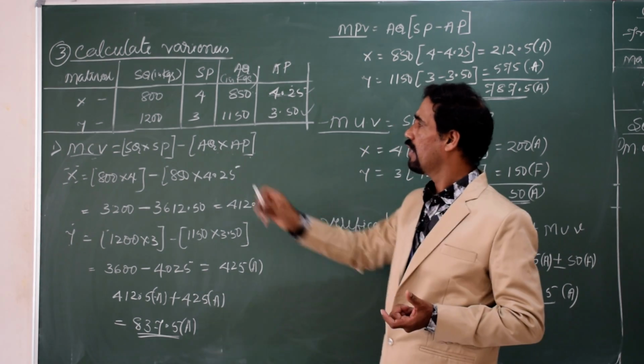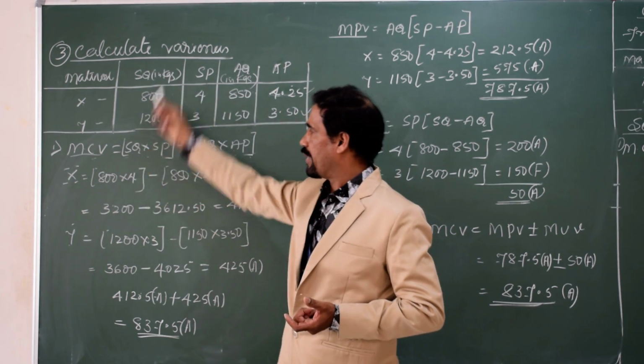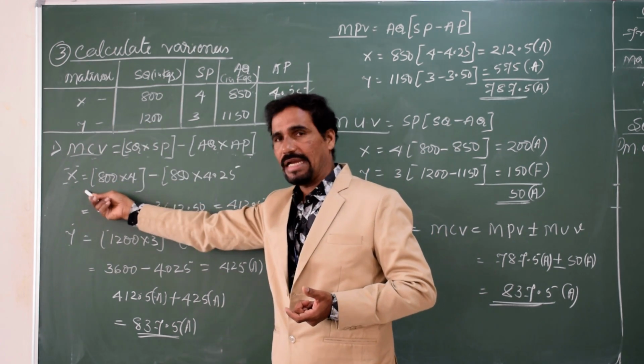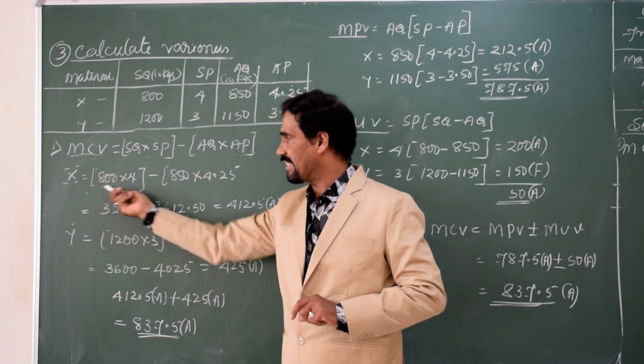Now how are we going to apply the formula? First, material X. What is the standard quantity of material X? 800 kgs.